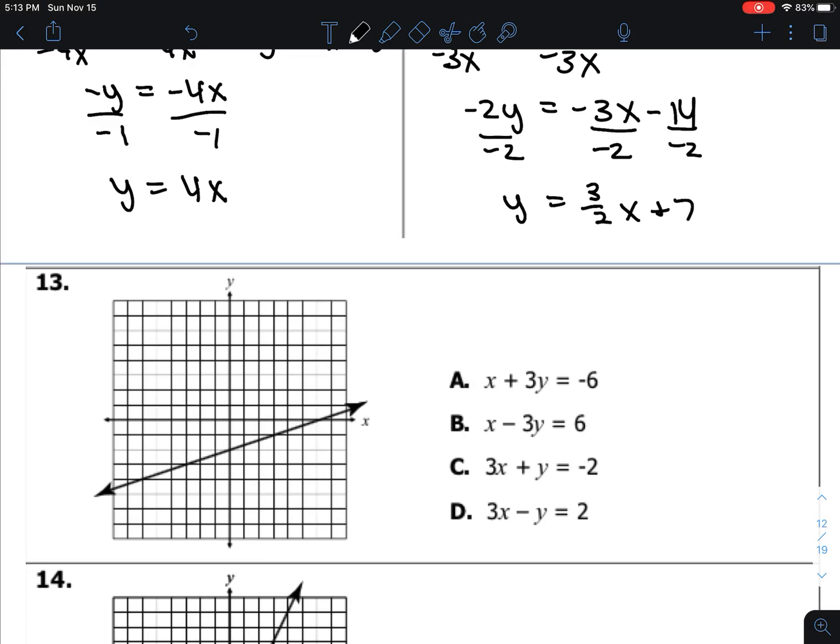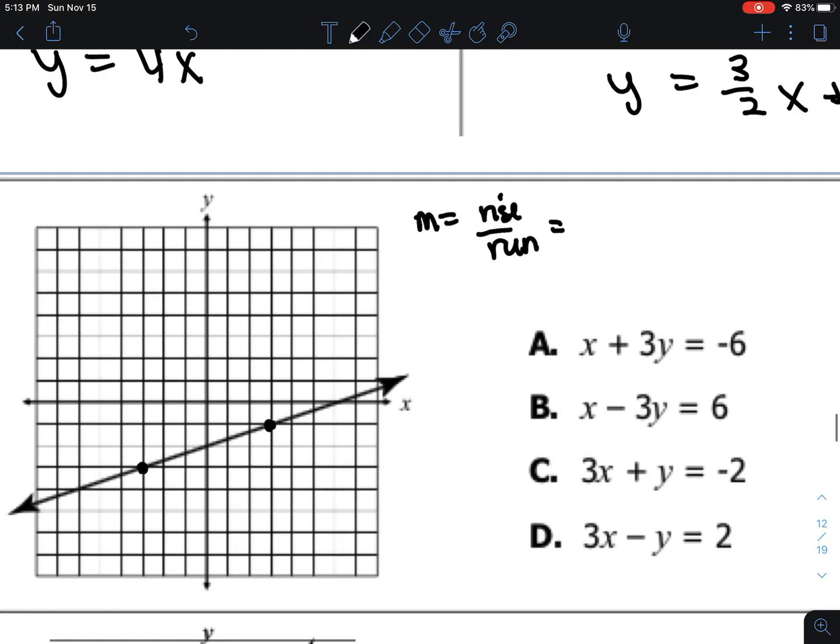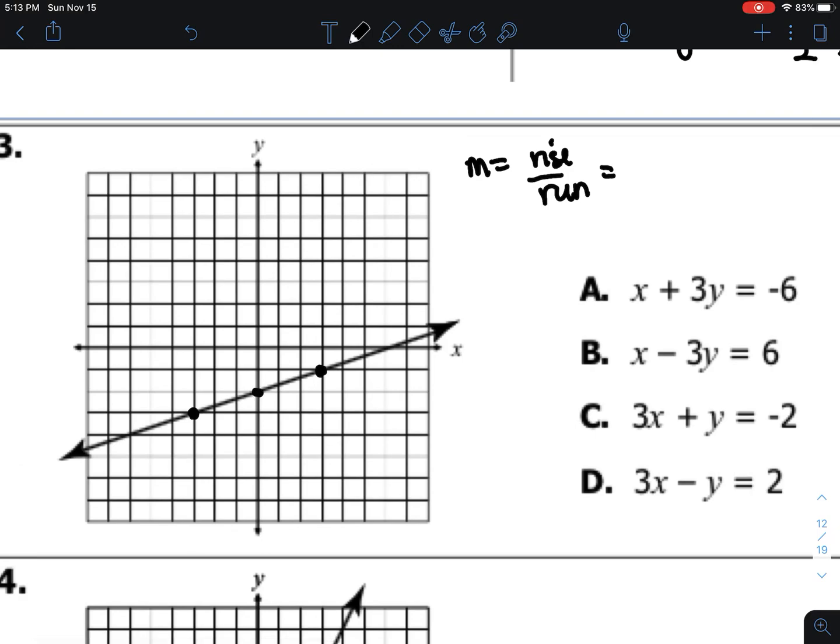So in order to do this, you want to make 2 points where the line is directly on the coordinate. So one example is here, and the other one is here, right? We're putting our own. So we want to find the slope, which is rise over run. And if I count my rise, it's 1, and my run is 3.